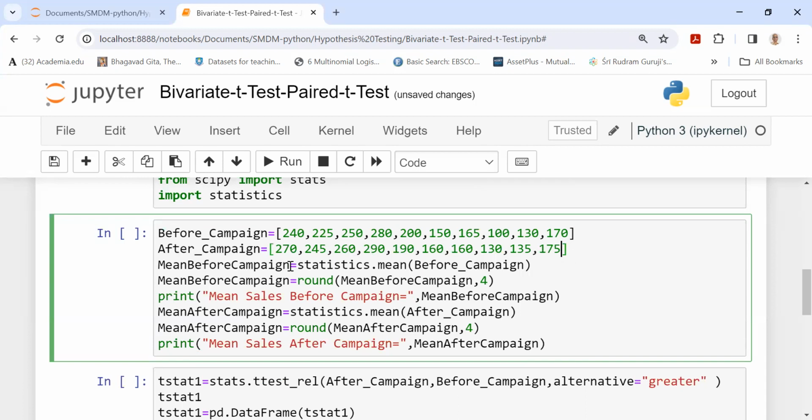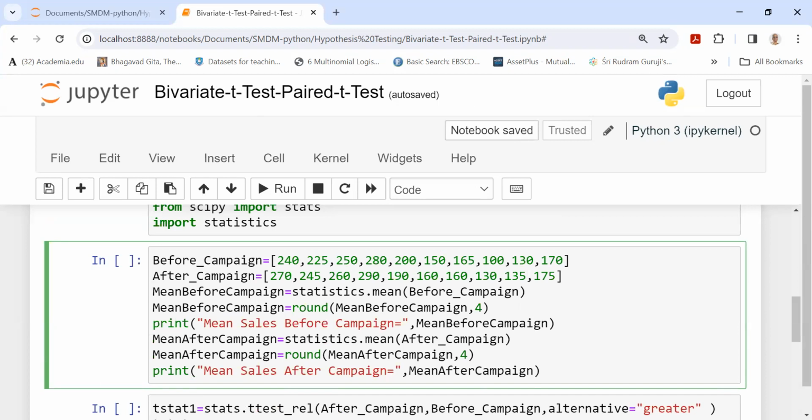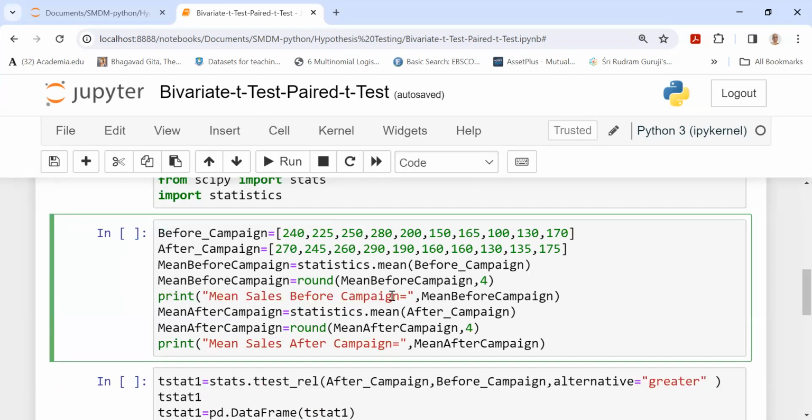Mean before campaign, mean after campaign I take, and just out of curiosity, we compute the mean sales using statistics function, statistics.mean before_campaign. Of course, I have put an underscore here just to indicate it's a variable.